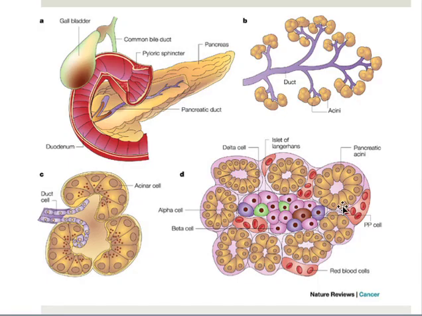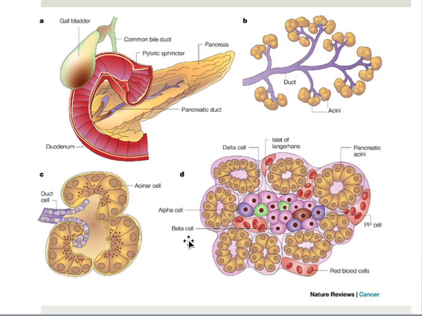All these are ducts that correspond to the exocrine part of the pancreas. What we're interested in is this area in the center. This is called an islet of Langerhans, and there's three types of cells there. The majority of them are beta cells, the pink colored ones. Then we also have alpha cells, which are colored in purple, and finally we have delta cells, which compose a minority of the islets.